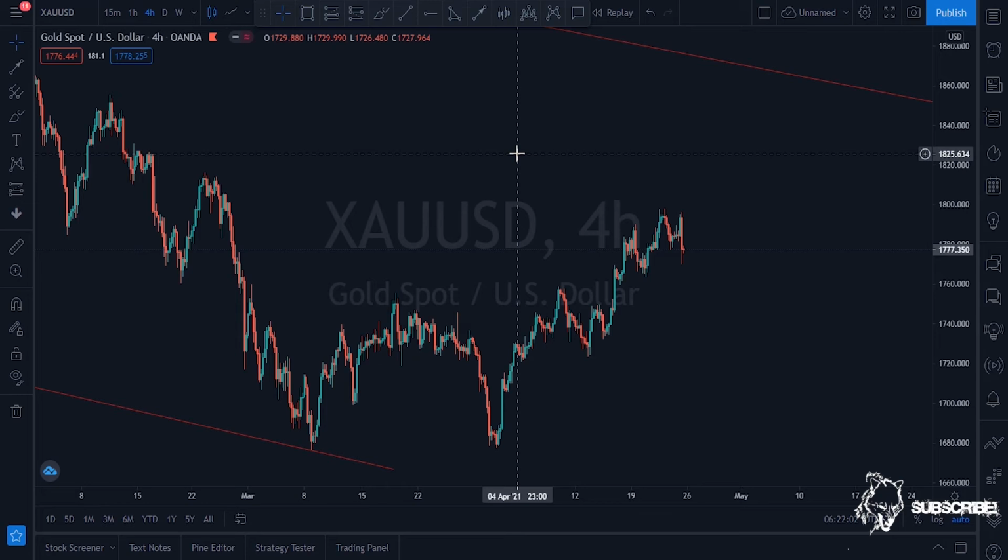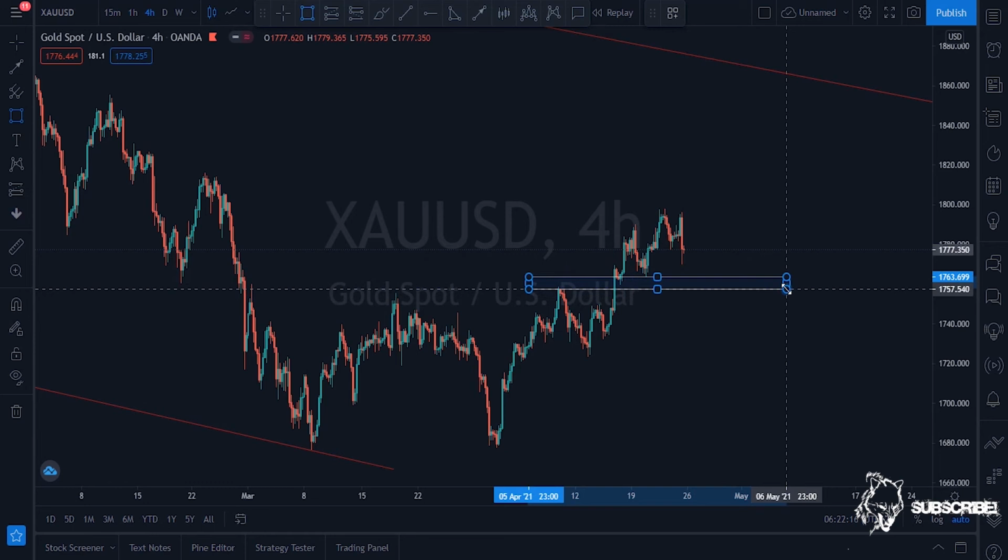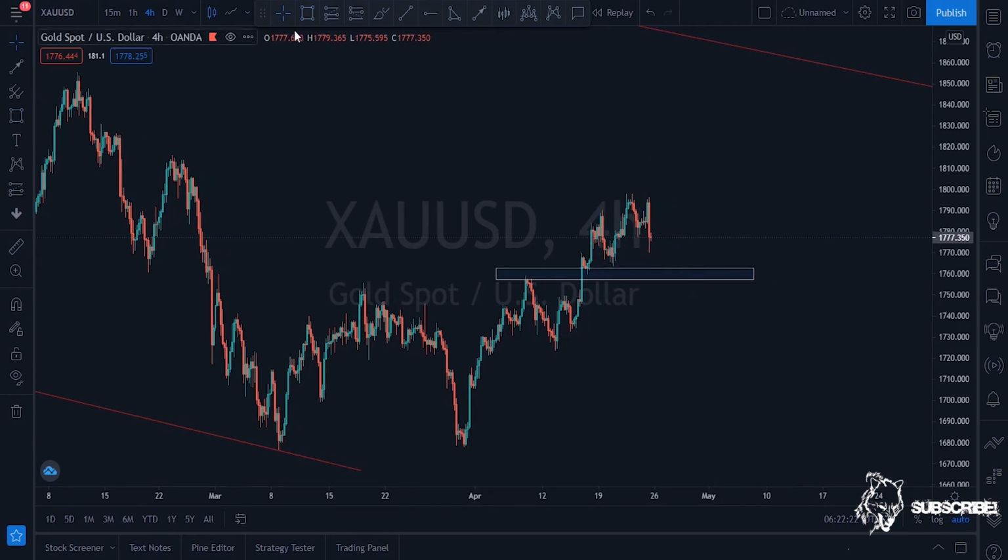Looking at XAUUSD, you can see that in the previous video we had a support here. Well, we had a resistance, and then the market broke that resistance and it became our support. We anticipated that the market was gonna drop until it reaches that point.